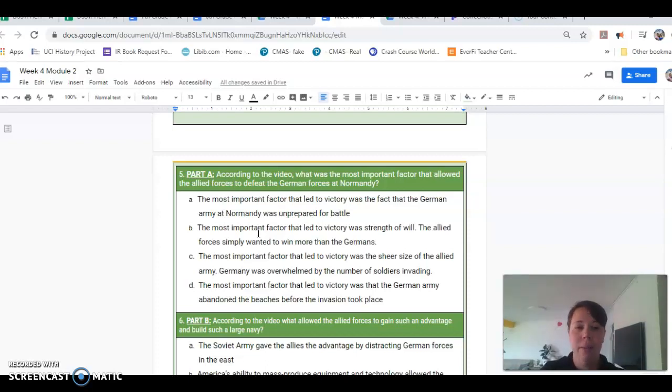C. The most important factor that led to the victory was the sheer size of the Allied army. Germany was overwhelmed by the number of soldiers invading. And choice D. The most important factor that led to victory was the German army abandoned the beaches before the invasion took place. Which of those was the most important factor that allowed the United States and their friends to defeat the Germans at Normandy?